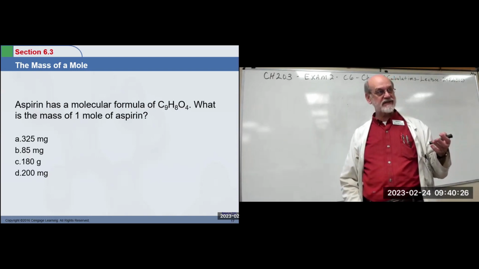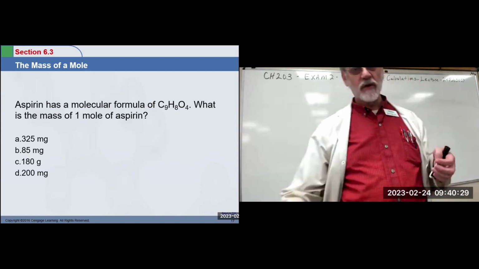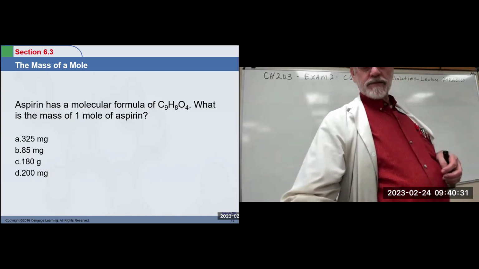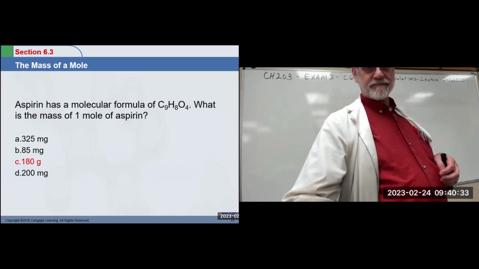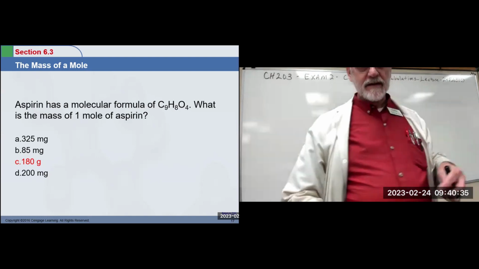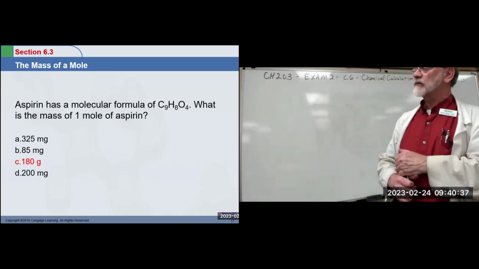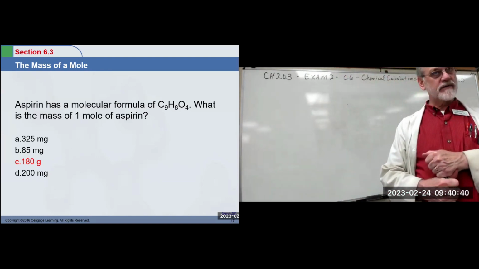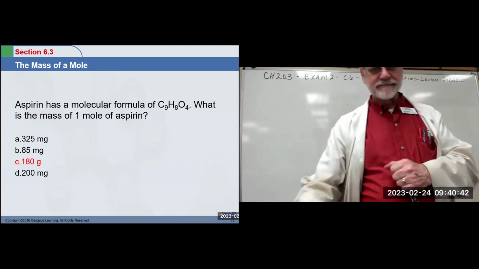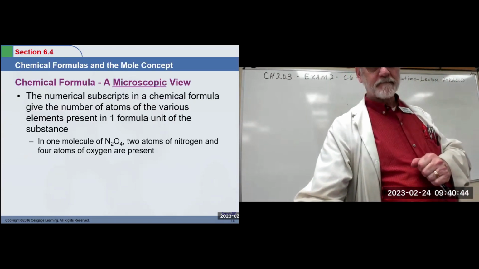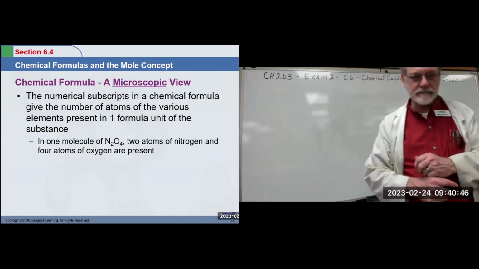And 4 times 16 for oxygen. And it turns out that's 180 grams is the molar mass of aspirin. All right.